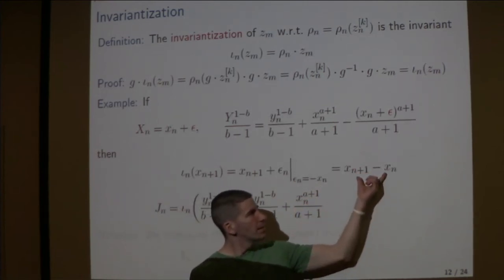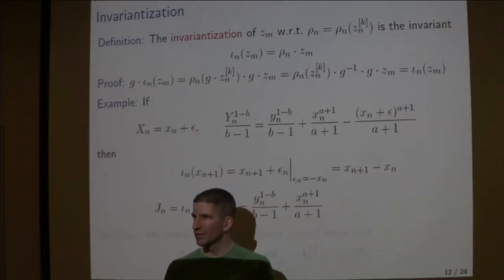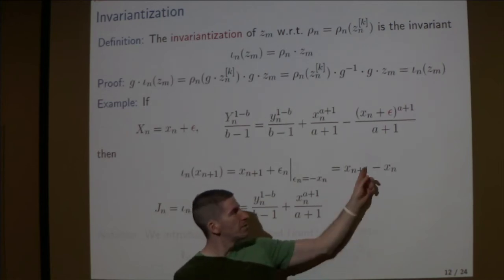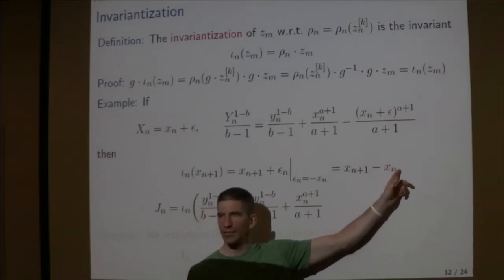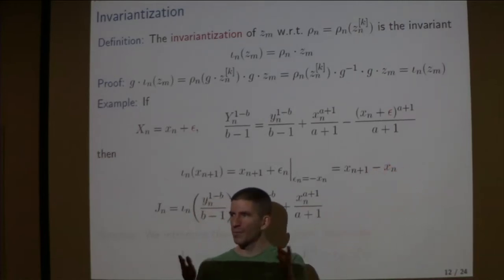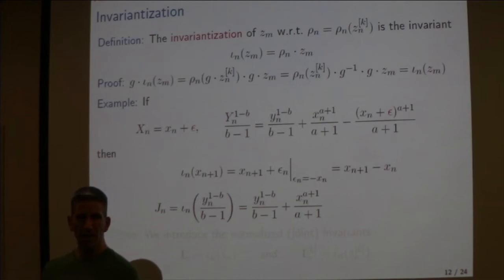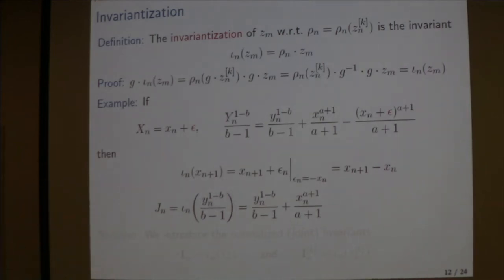The claim is that this is indeed an invariant, which is the case because the action on x is just adding epsilon. If we add epsilon to xn plus 1, we have plus epsilon, and if we add epsilon to xn, we have plus epsilon, but there's a minus sign in between the two, so they cancel. That creates an invariant. We can also invariantize y coordinates.